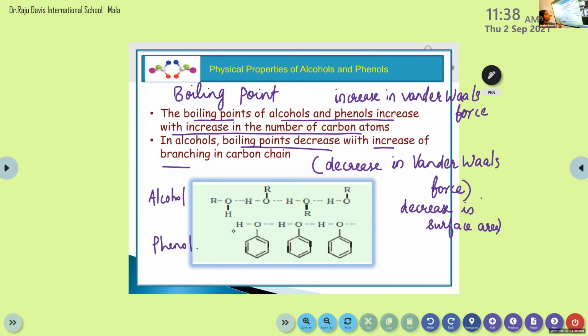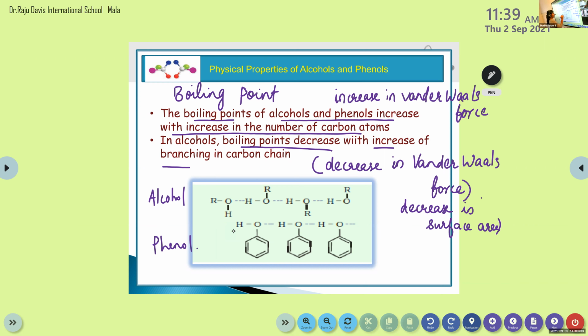What type of bond exists between this hydrogen and oxygen? Which intermolecular force? Hydrogen is there. Which type of bond between this hydrogen and the neighboring oxygen? Hydrogen bond. Intermolecular hydrogen bond.